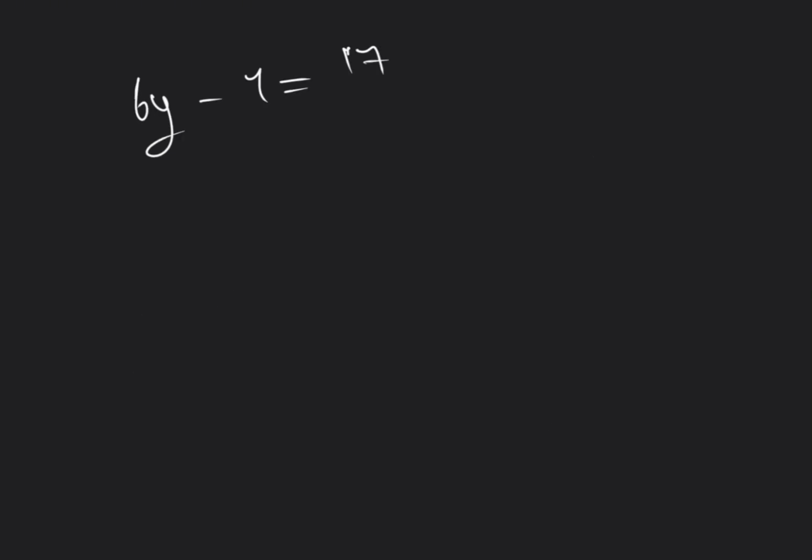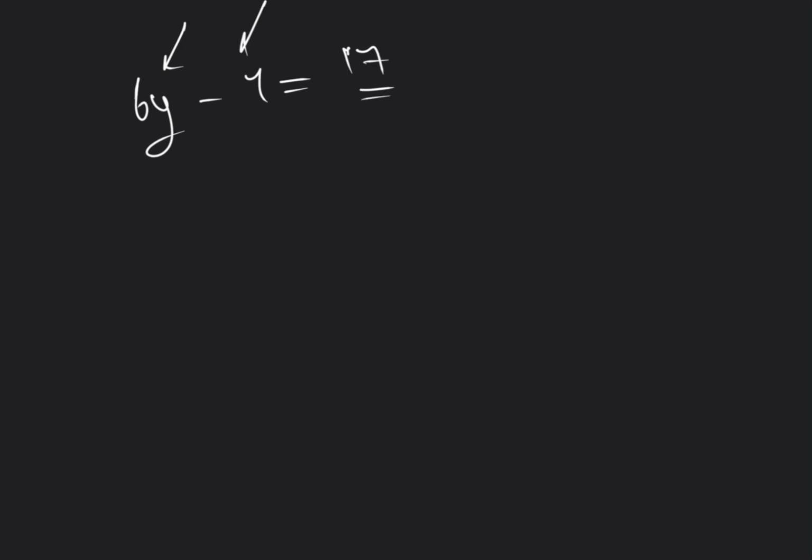Let's have mixed operations. For example, here we have multiplication and subtraction. So how can we solve this linear equation? The object here is to find the value of y. What is the number I am going to put in place of y, then subtract 1, to give me 17? We said we are not going to guess.